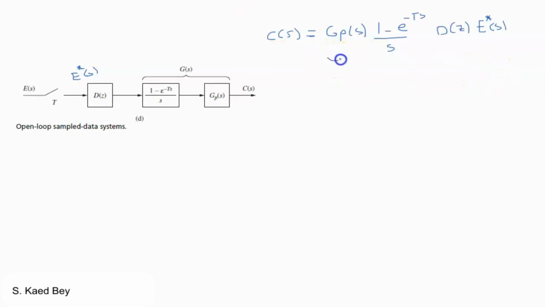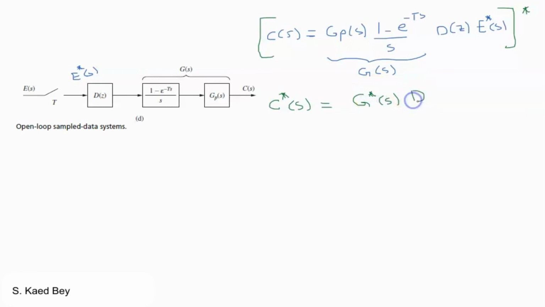If we combine these two and call it G of S, then applying the starred formula, we get C star of S equals G star of S, D of Z stays as is, and we get the E star of S, and that input as well stays as is.